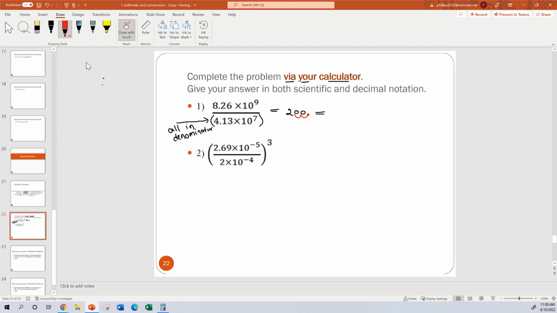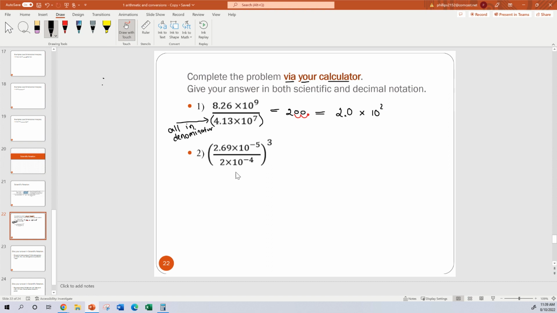Well, scientific notation says that we may have only 1 digit in front of our decimal. So now I have 2, and that's my 1 digit. If you want to write 2.0, you could. I moved my decimal 2 places, so I put times 10 to the 2nd power. I know that this exponent should be positive because I had a bigger number to start out with.